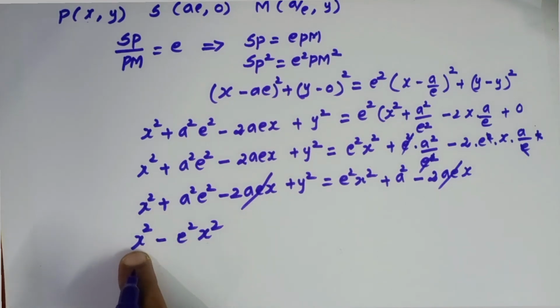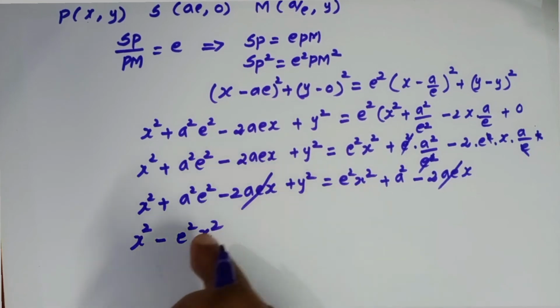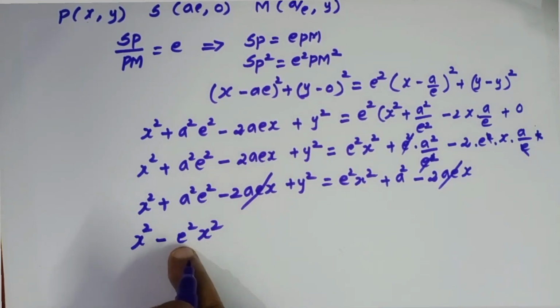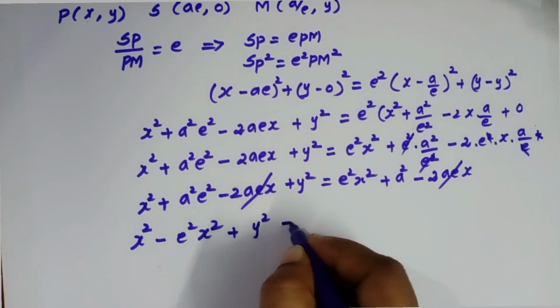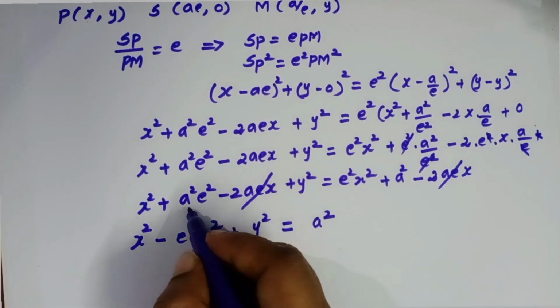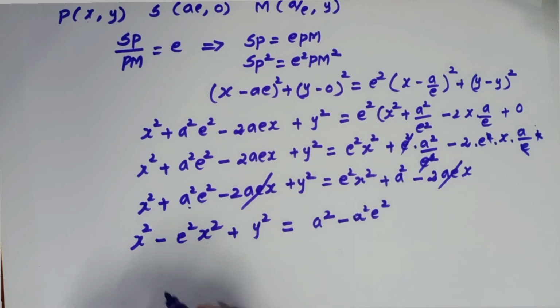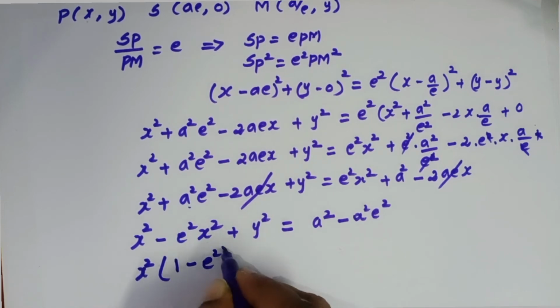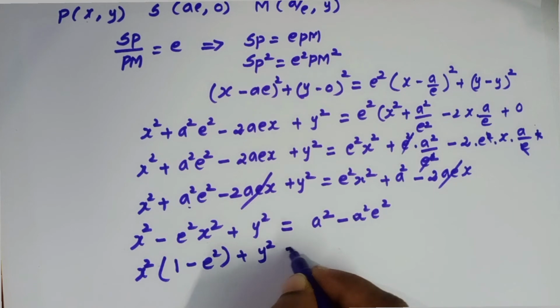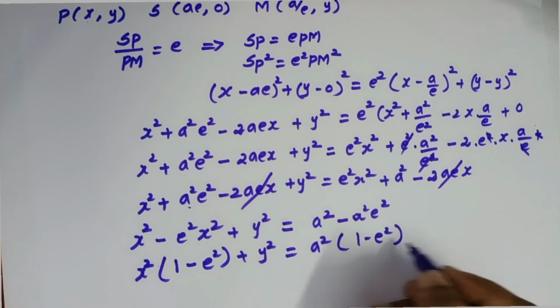On the LHS you have x squared, on the RHS it is e squared x squared, so it comes to this side with a minus sign: x squared minus e squared x squared plus y squared, which is equal to a squared, and the a squared e squared goes to this side: a squared minus a squared e squared. Now taking x squared as a common factor, the remaining is (1 minus e squared), plus y squared, which is equal to a squared into (1 minus e squared).